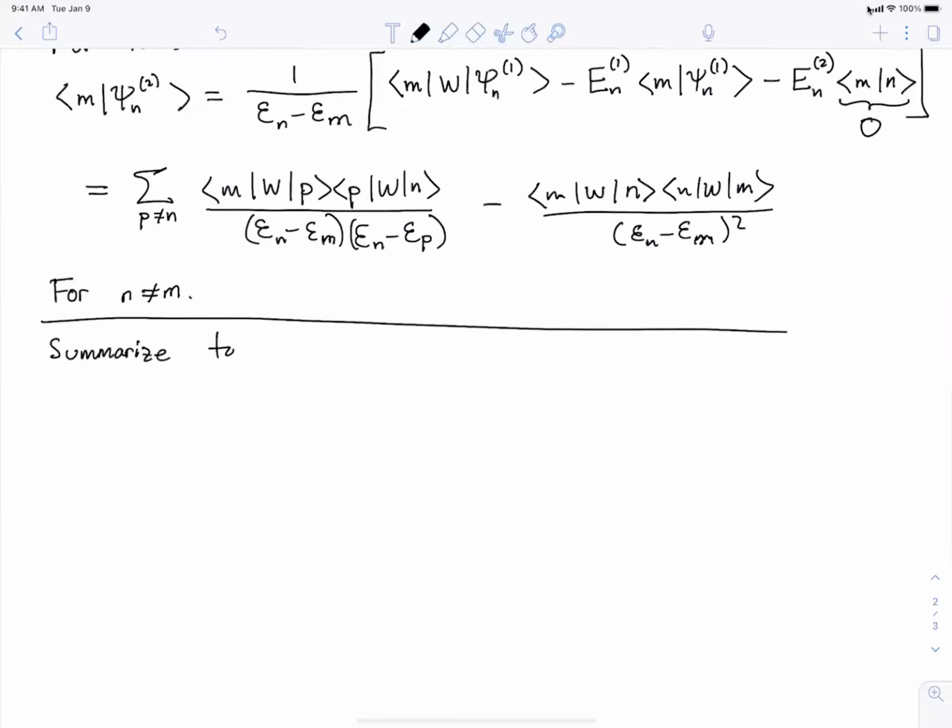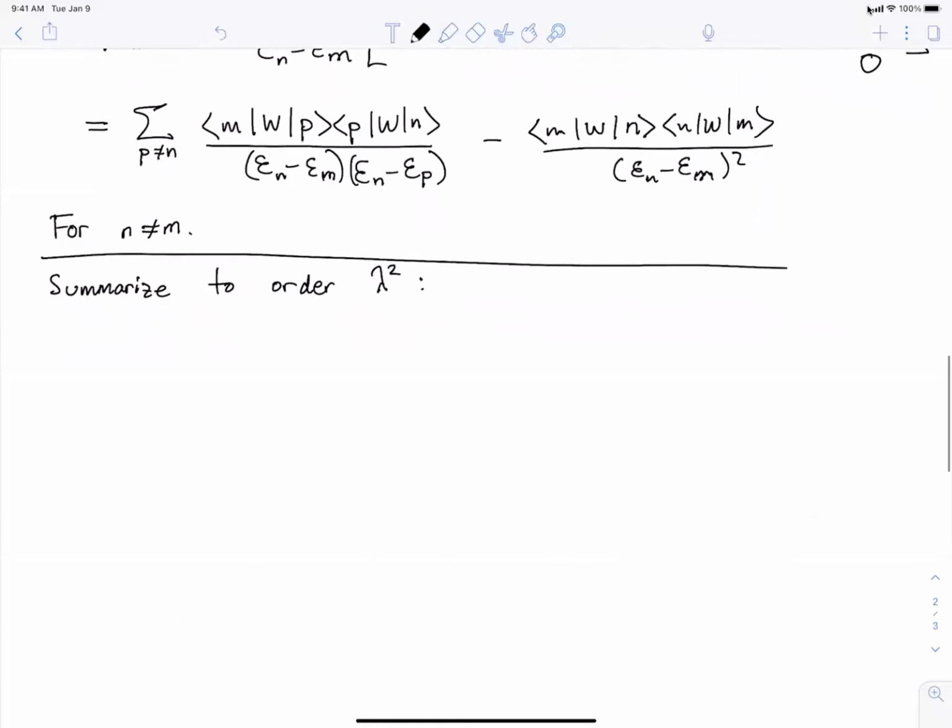Really what we've done is we've done everything to order lambda squared. I think I can safely promise you that you will never have a problem in this class where you have to go to order lambda cubed. I shouldn't promise that because you never know, but I doubt it. So the perturbed energy is equal to the unperturbed energy plus the first order correction, which looks like that.